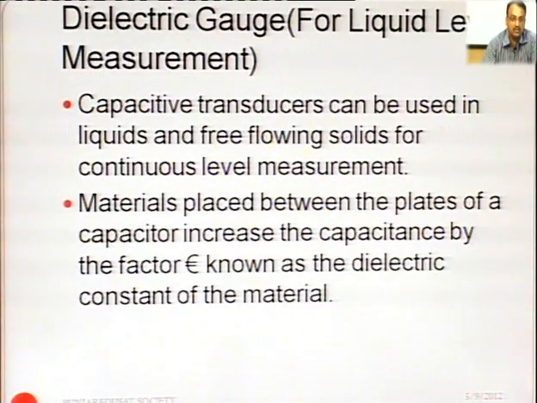Capacitive transducers can be used in liquids and free flowing solids for continuous level measurement. Material placed between the plates of a capacitor increases the capacitance by the factor epsilon, known as the dielectric constant of the material.